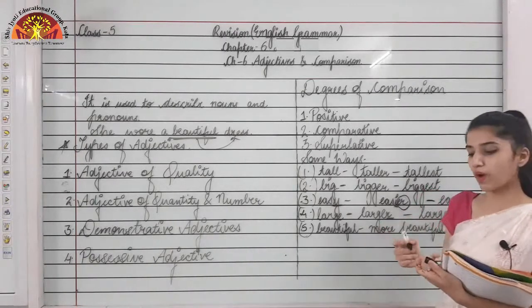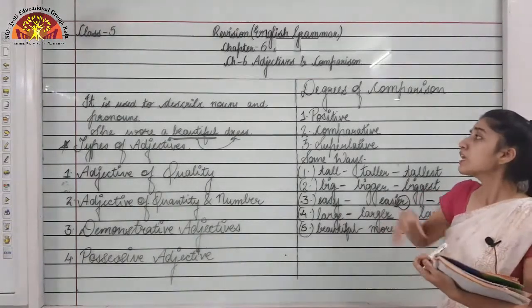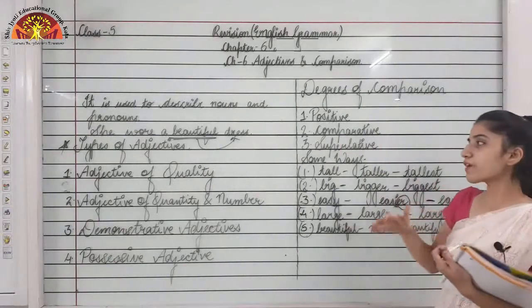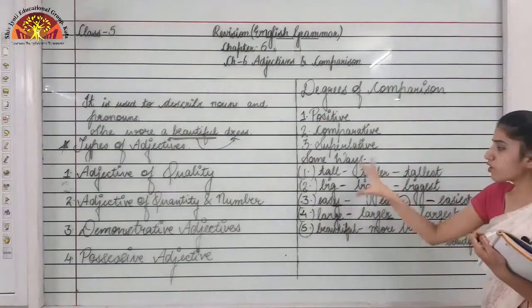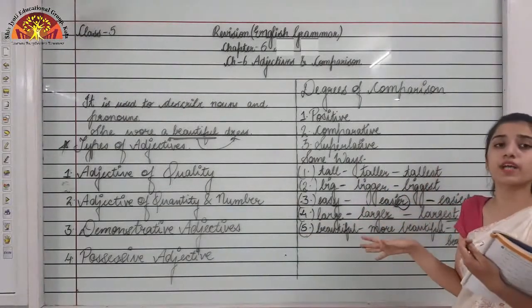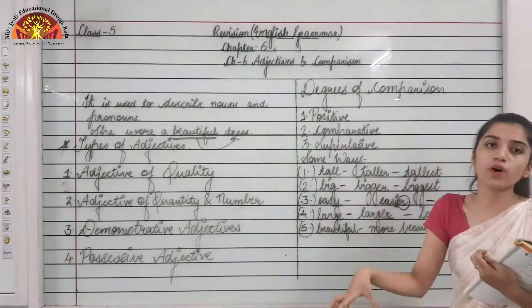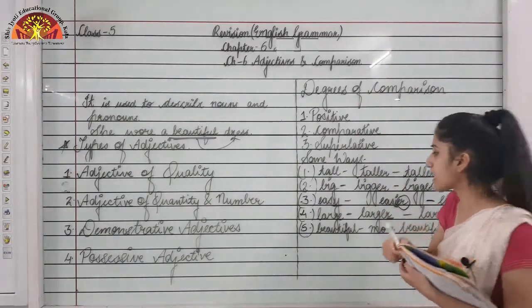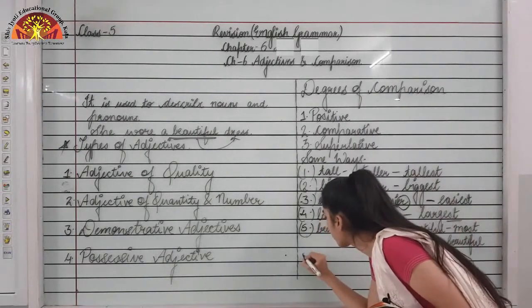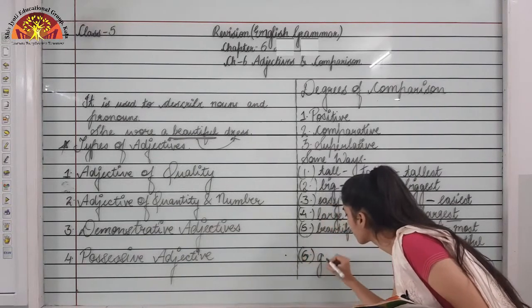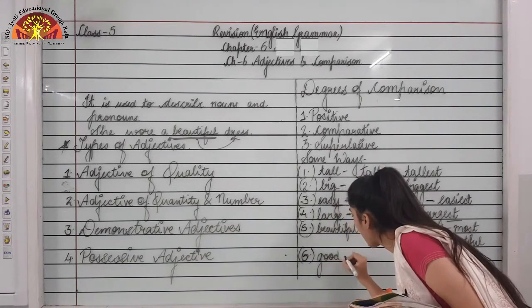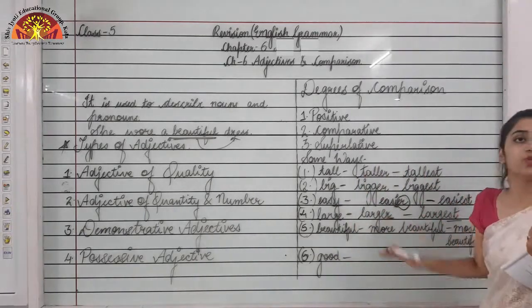Okay. Now seeing the last rule. Okay, last rule is what? To make the superlative or comparative degree, we will not follow the rules we were learning now. There are some adjectives that change the whole word. For example, if I am taking the example of good. Okay, I'll not make it gooder or goodest.